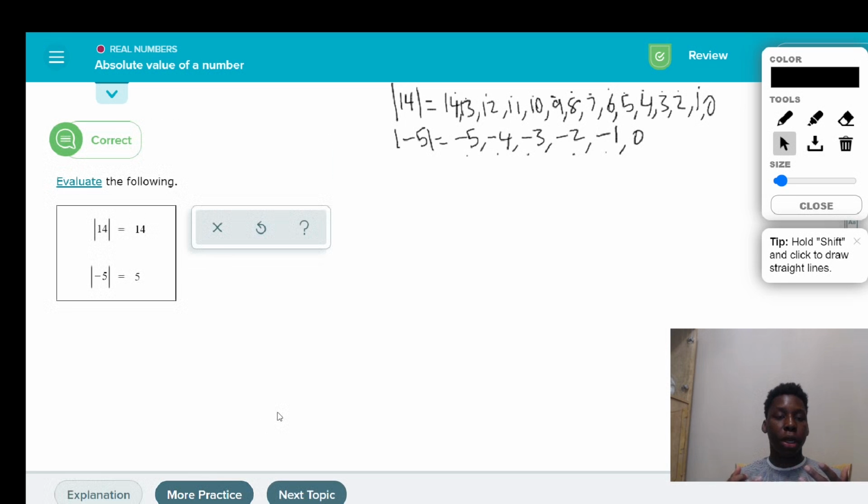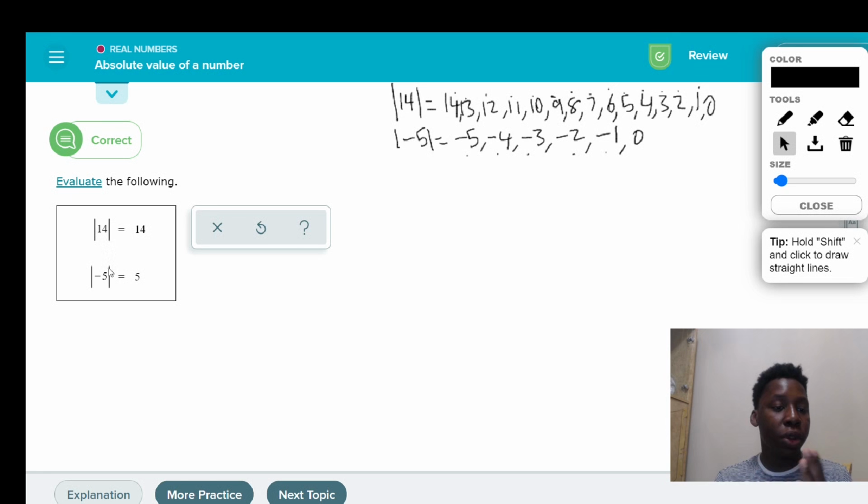A good trick I'll show you guys is, whenever you're dealing with this kind of problem, just look at the number in between these lines, and then put it in as a positive value.